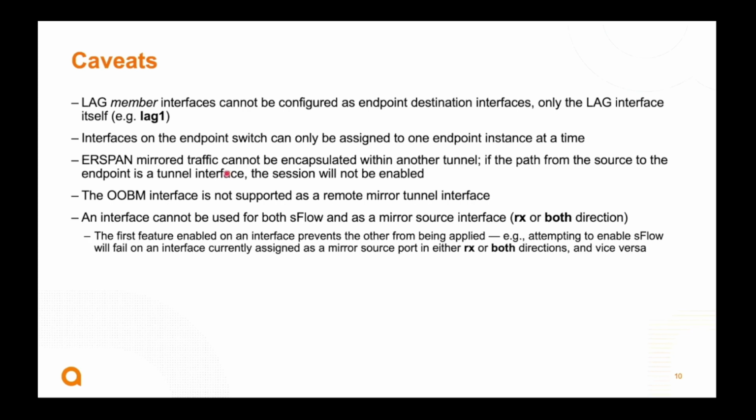So you will have to disable one of those to enable the other one. And if you did have both of those features enabled on an interface in a switch startup configuration and the switch reboots, it is non-deterministic which one is applied to those interfaces. So either one, whichever one the switch happens to apply first during startup is the one that will stay enabled on that particular interface.